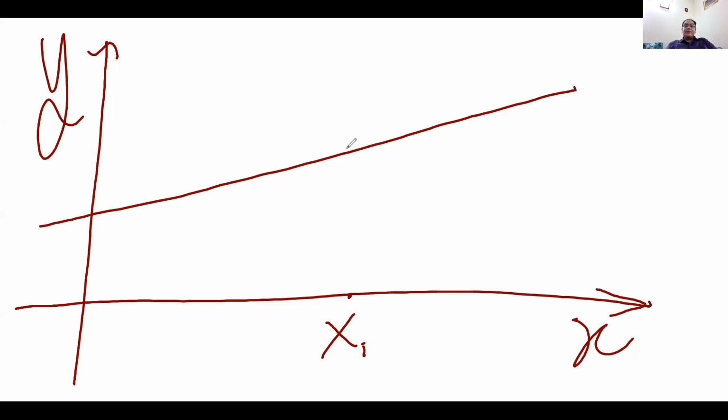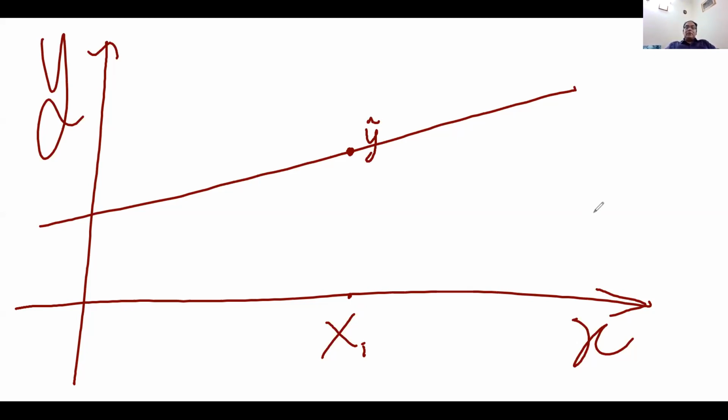The corresponding Y will come here on the line. All the predicted values always come on the regression line, and the predicted value is represented by Y hat.